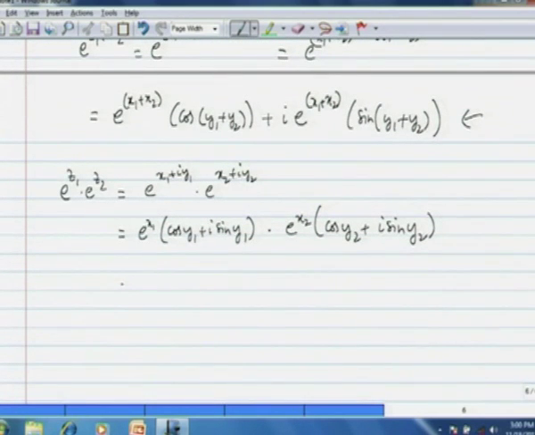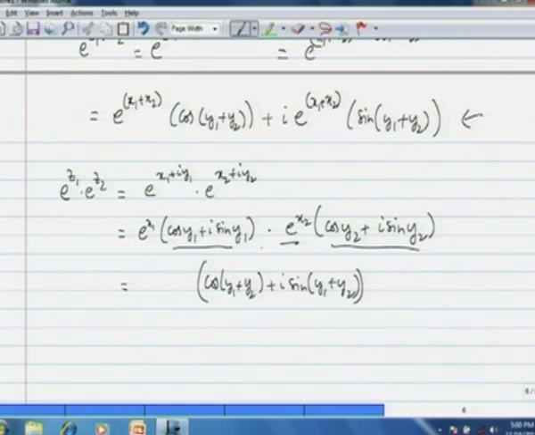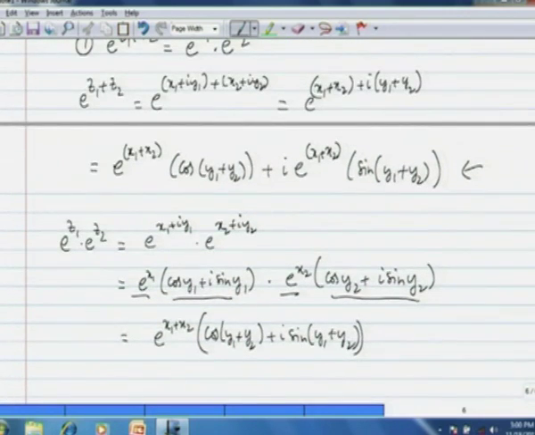And we know that when we multiply cosine y1 plus i sin y1 with cosine y2 plus i sin y2, we do get cosine y1 plus y2 plus i sin y1 plus y2. And then this is the real exponential function now, e power x1 times e power x2, so we do get e power x1 plus x2.